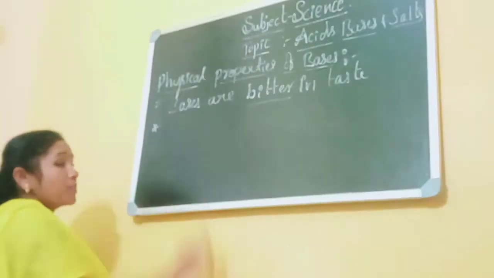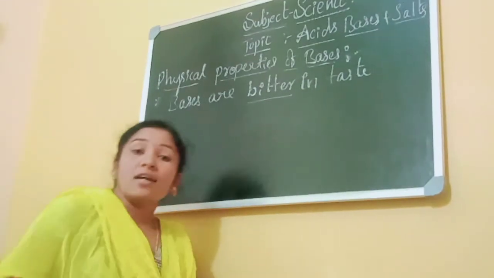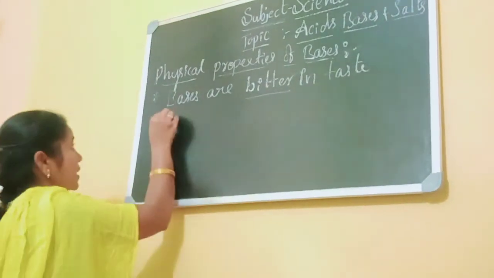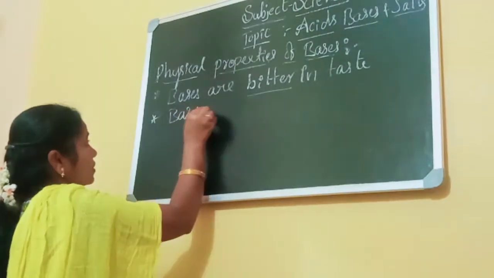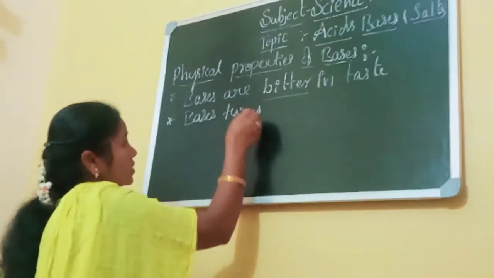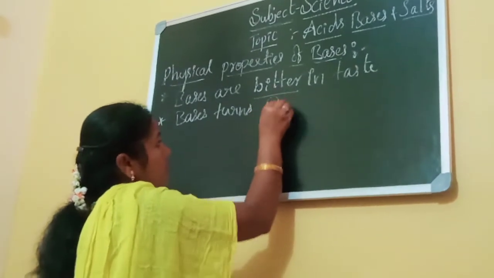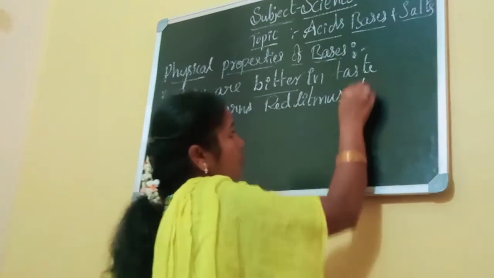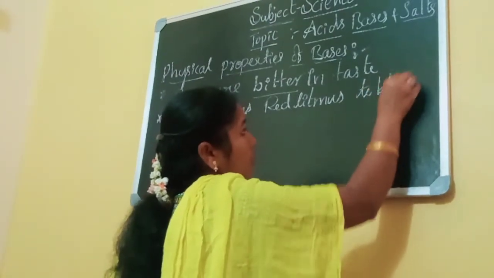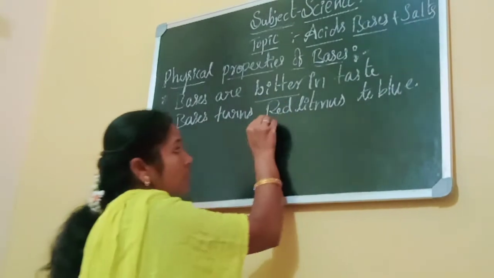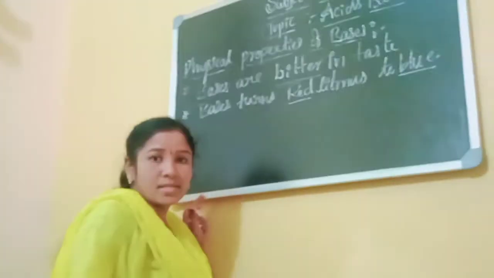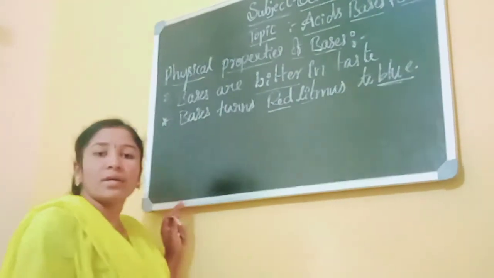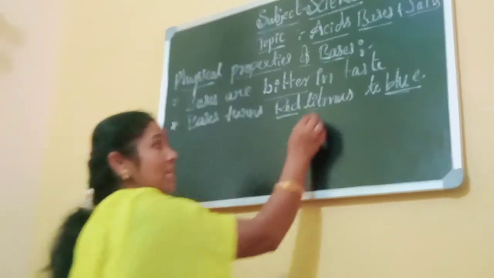And the next property: bases turn red litmus paper into blue. Bases turn red litmus to blue litmus. The litmus is a type of indicator, a natural indicator.